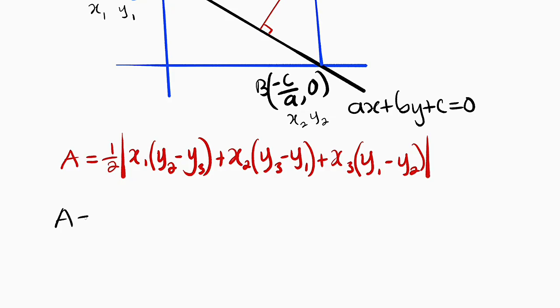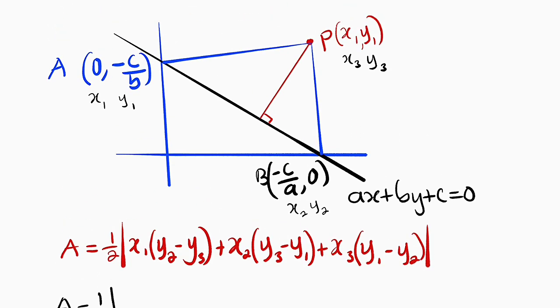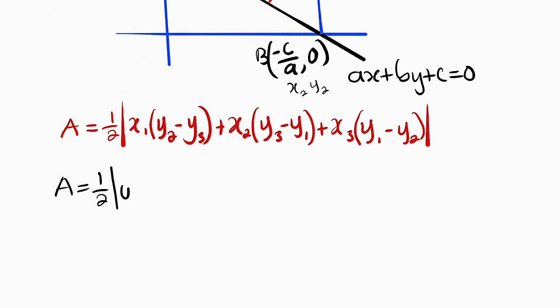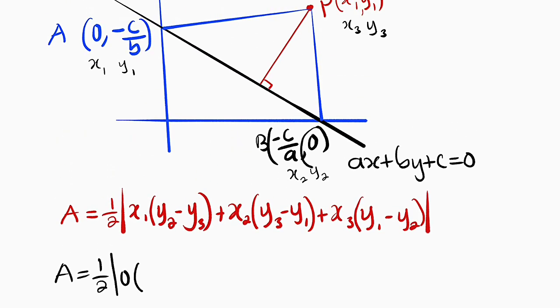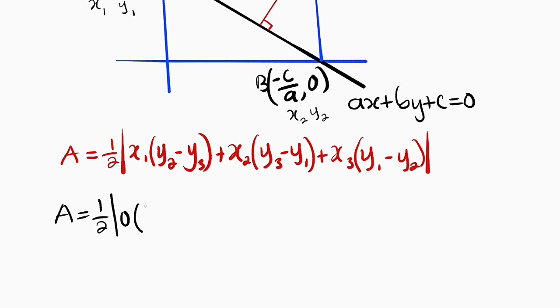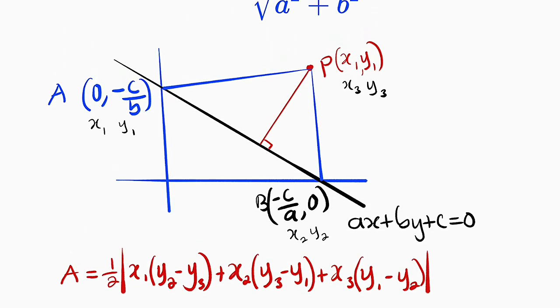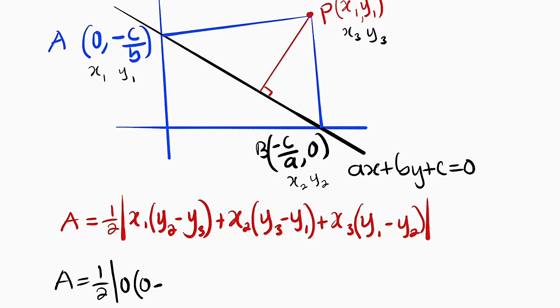We have the area to be 1 divided by 2 multiplied by the absolute value of x1, which is 0, multiplied by y2, which is also 0, minus y3, and y3 is y1. You can see that here.